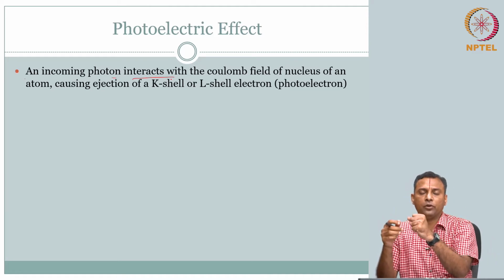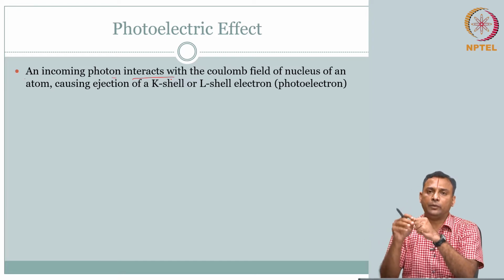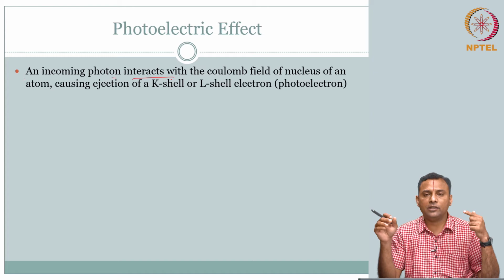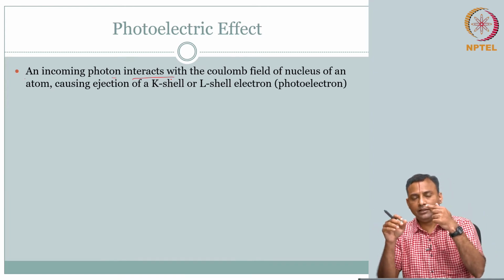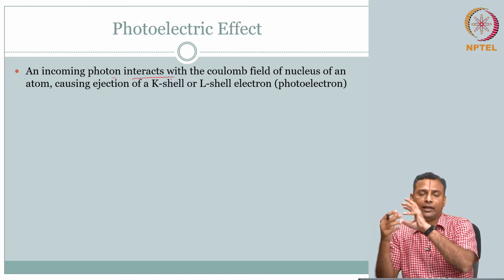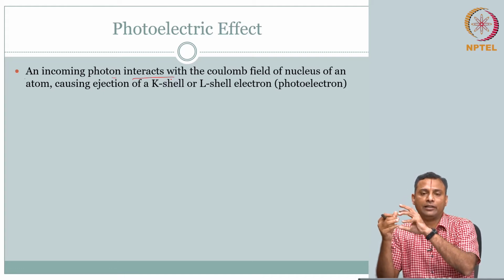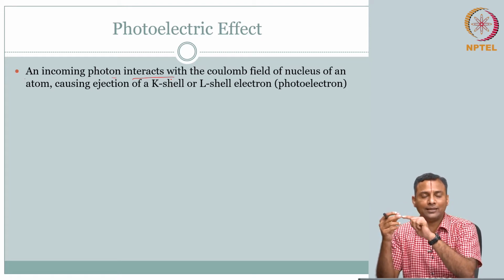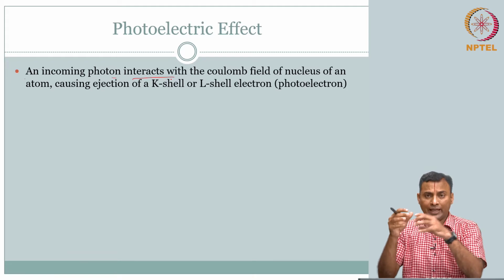So, it has a core nucleus and then it has an electron cloud. The h mu comes in with X-ray energy. When it comes in, it interacts with the Coulomb field, the electrical field of the electrons that is there. When it interacts, it is losing energy.